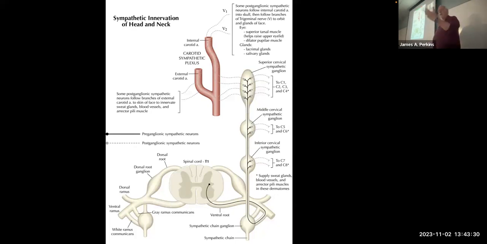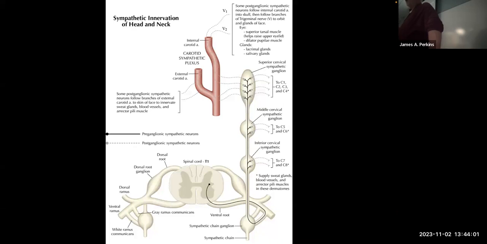And once these postganglionic sympathetic neurons are inside the head, they're then going to hitchhike on branches of some of the trigeminal nerves, mostly V1, to travel to other structures in the head. Notably, some of these postganglionic sympathetic fibers would be following branches of V1 into the orbit.